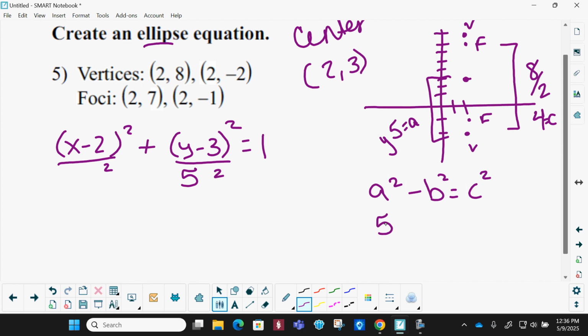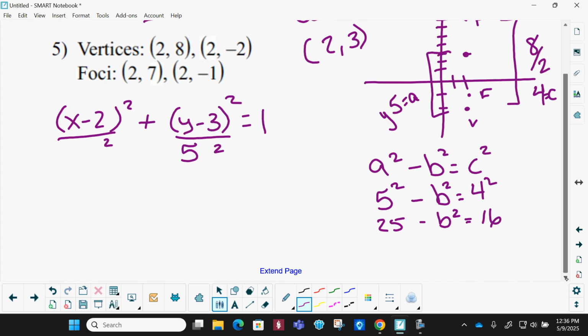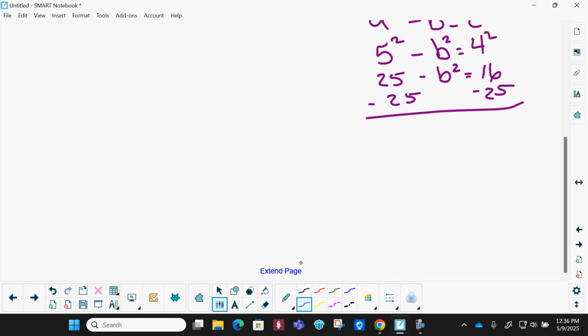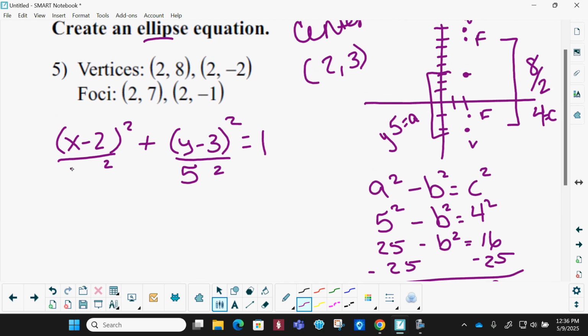So we get 5 squared minus B squared equals 4 squared. So 25 minus B squared equals 16. Minus 25. Negative B squared equals negative 9. We're going to make it positive. So B equals 3. Okay, and 3. You can square that and make it prettier, but there you go.